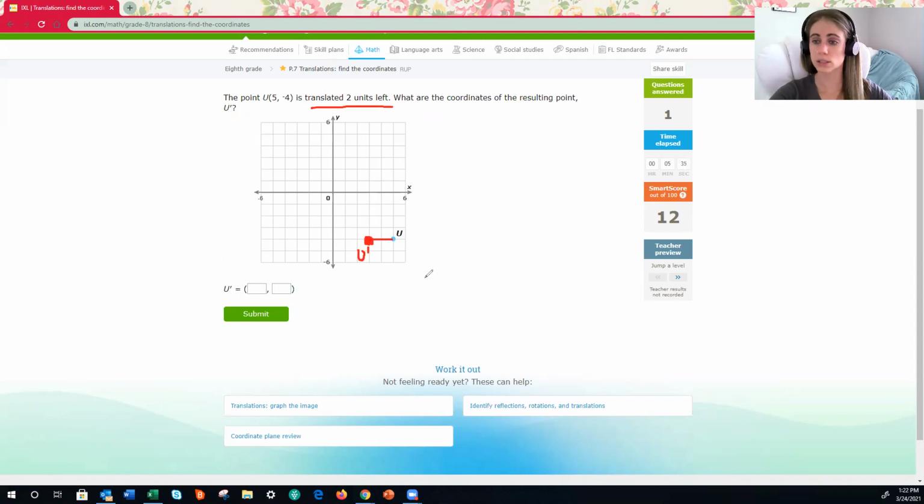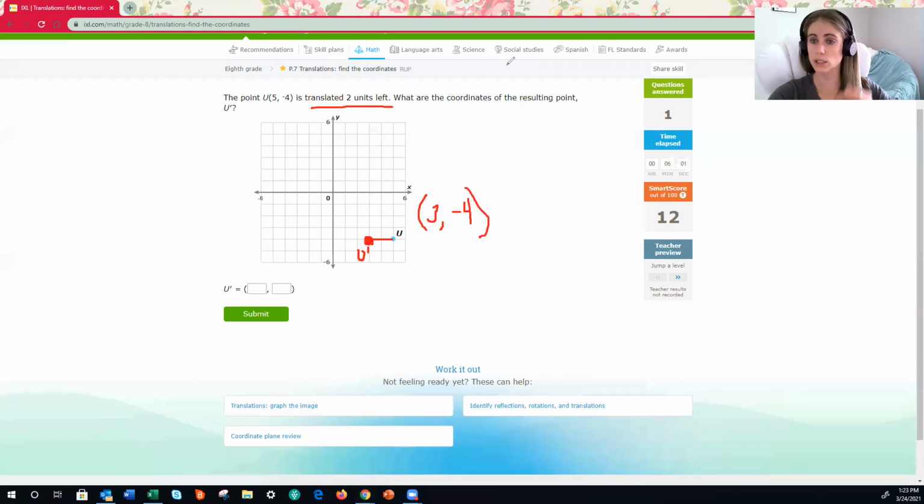Therefore, that is the location of our U prime. What would be the coordinates? What would be the ordered pair for that point? Remember, X comes first. 1, 2, 3. And then our Y value, -1, -2, -3, -4.